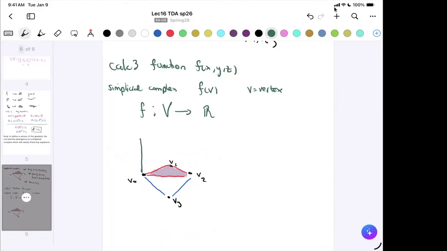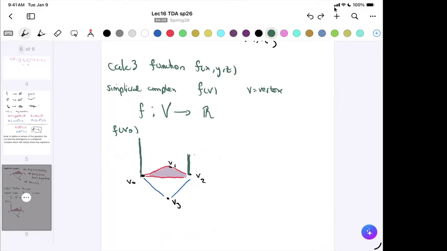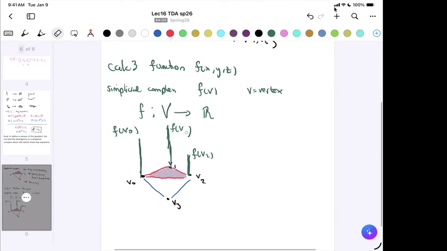So you can represent that as a tower, if you want to think about this as some sort of signal analysis, where if you think of each vertex as being where a sensor is positioned, then the value of the function at that sensor would be related to the strength of the signal or something of that sort. So pictorially, it's just a bunch of numbers that you give to each vertex.